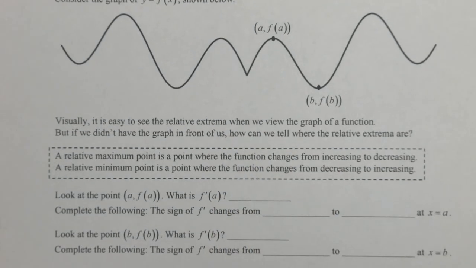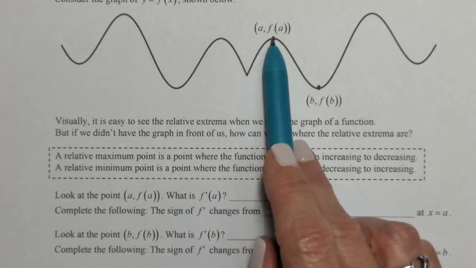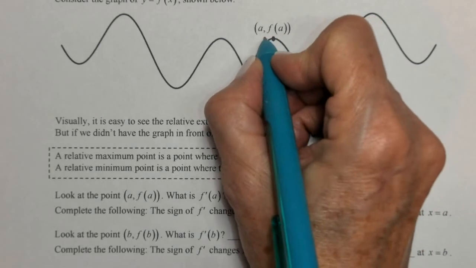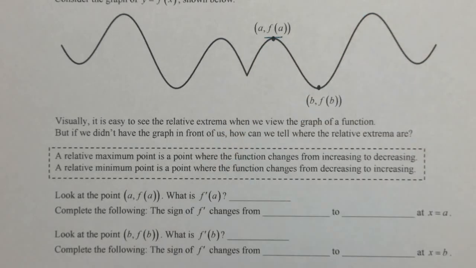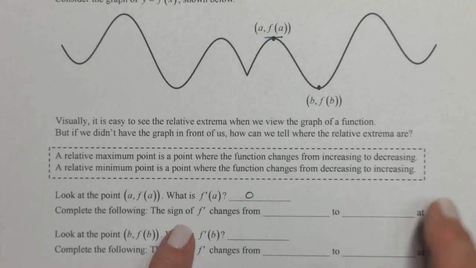Okay, let's look at the point A, f of A. What is f prime of A right here? Well, f prime is the slope of the tangent line. The tangent line is horizontal, so what is its slope? Well, it is 0. The sign of f prime changes from what to what at x equals a?